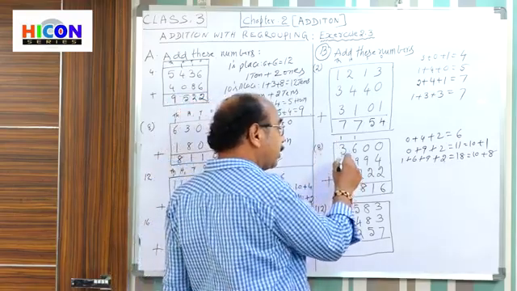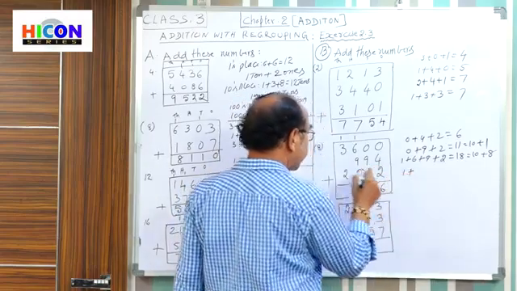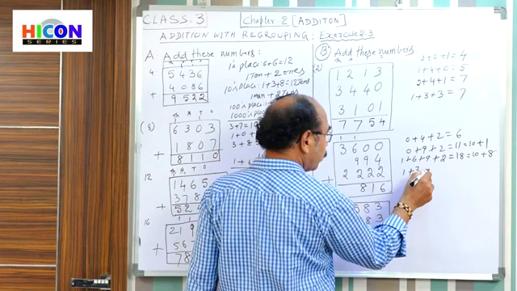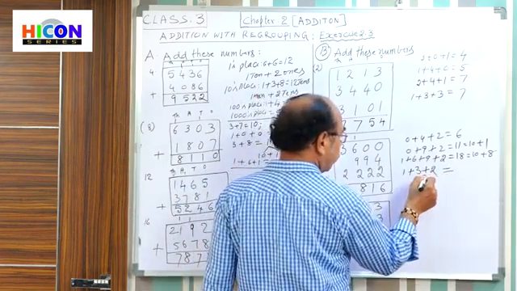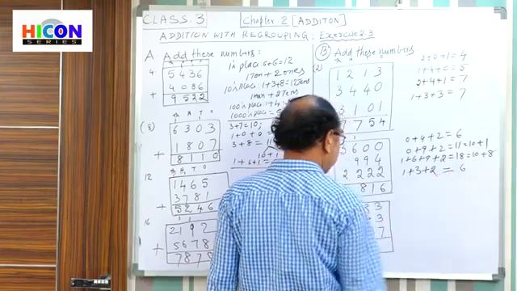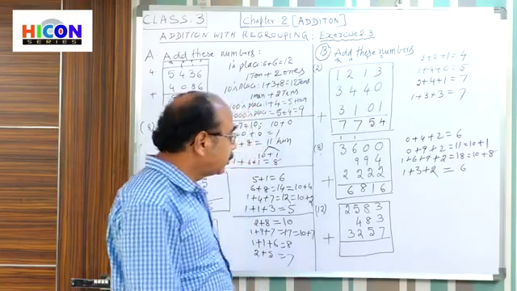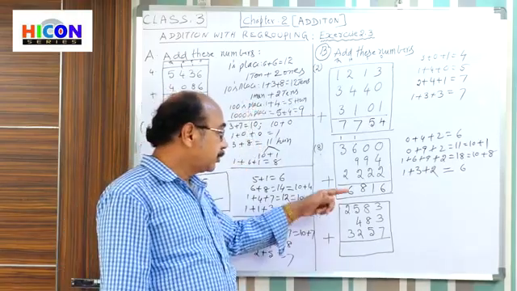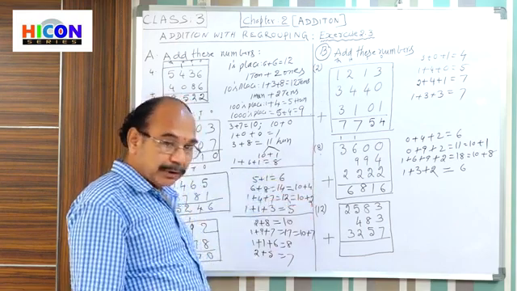Now add the digits in the thousands place. So 1 plus 3 plus 2. That is equal to 3 plus 2, 5, 5 plus 2, 6. 6,000. So 6,860. This is the sum of the three numbers.